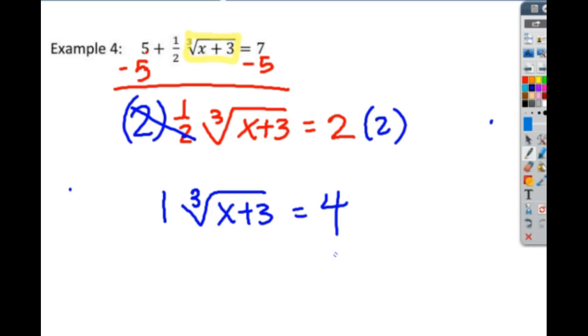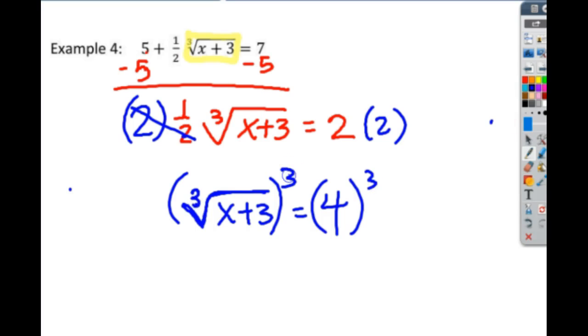Now, when this 1 out in front is multiplied, when you multiply by 1, does it make it more or less, or it stays the same? And that's why we usually don't write it down if we have a multiply by 1. Now we're ready to get rid of the radical sign.